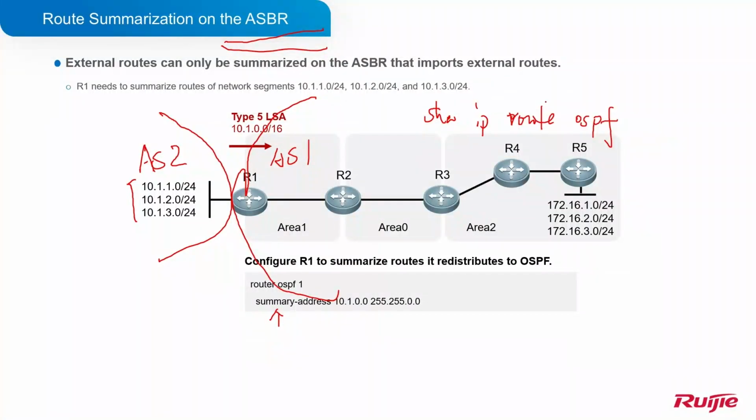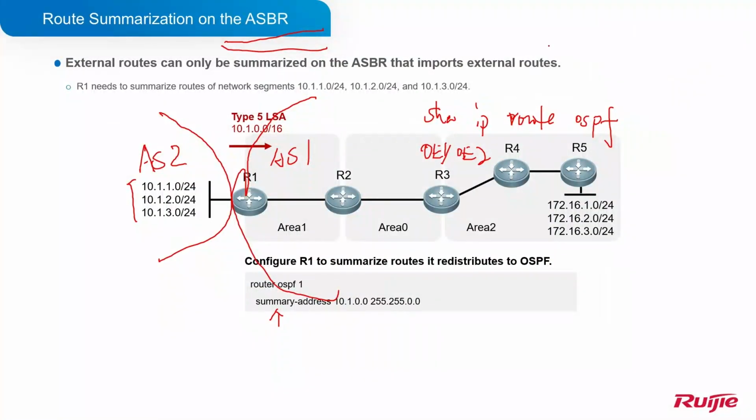And we can see the external routes for the type 5 LSA, but we can't see the detailed information on the device. We can only see this 10.1.0.0 segment on our device because we did the summarization on the R1 device. So for external routes, with show ip route ospf, we can see maybe the O E1 or O E2 routes in our routing table.